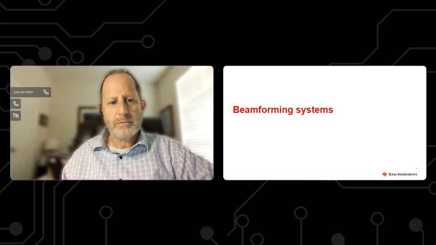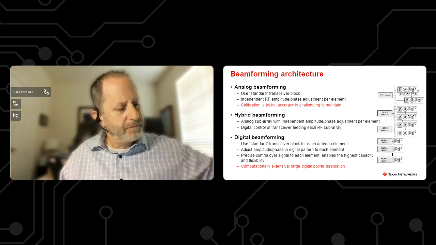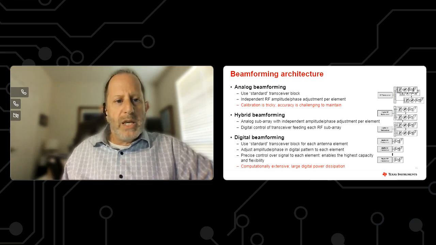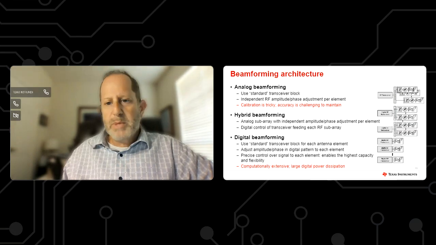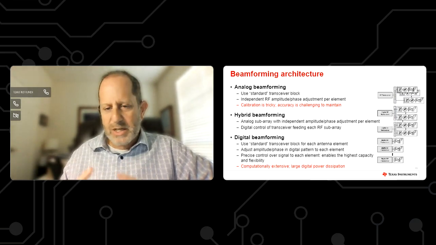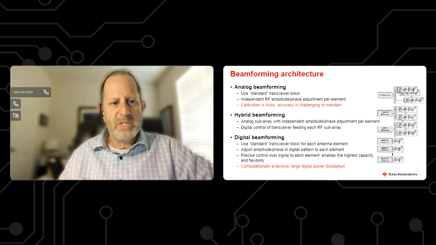All right, so let's look at some of the beam-forming systems. We'll start off looking at the analog beam-forming solution. This type of approach uses what I call the standard transceiver block, however that is going to be defined for your particular system.